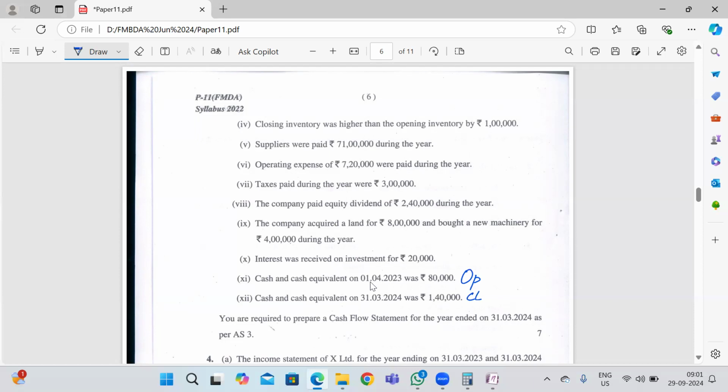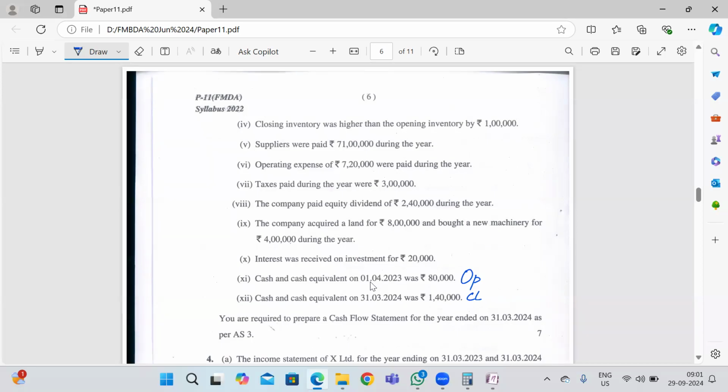Now we need to prepare the cash flow statement, based on cash flow from operations, financing and investing. First, we need to know what is investing activities and what is financing activities.